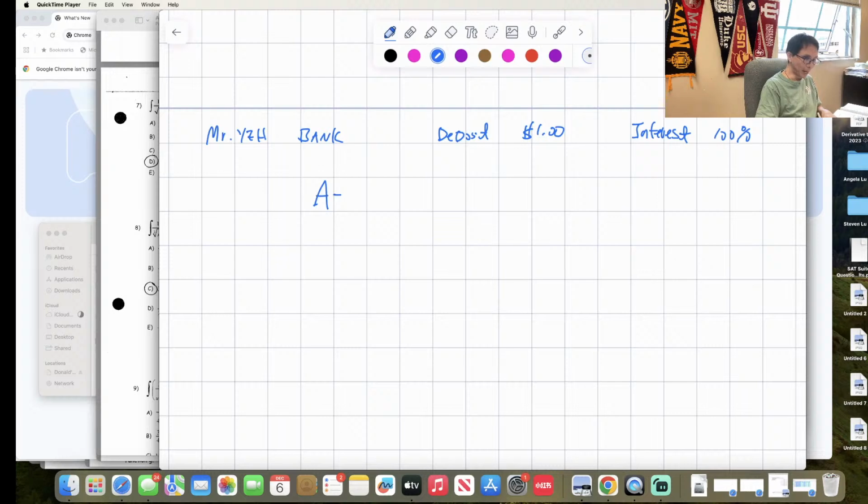So remember that A equal to P times 1 plus r over n to the nt equation. We're going to implement it here. So we start with A equal to $1 times 1 plus 100%, so it'll be 1, right, over n, and if I compound annually, it's going to be 1 to the 1 times 1.